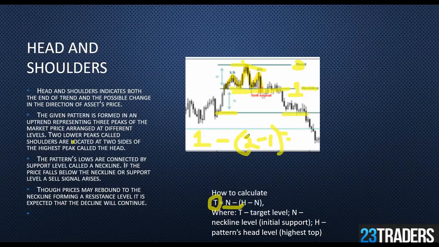So we have 1 minus 2 minus 1. So 2 minus 1 is 1. 1 minus 1 gives us 0. And the exact difference down would be 0. So if this was 2 and this was 1 on a graph, this would have been 0.